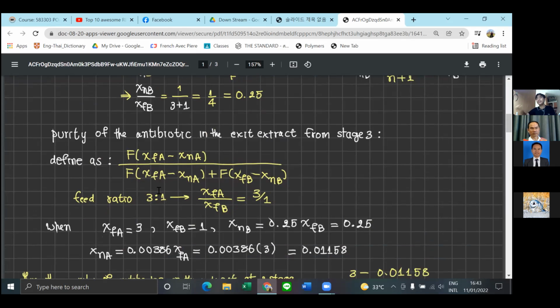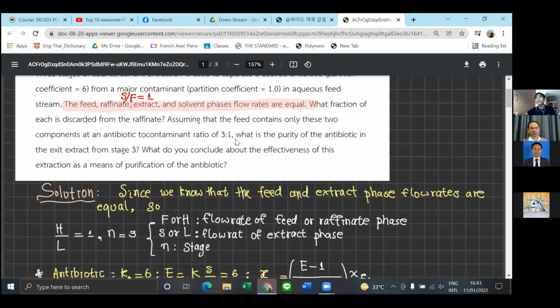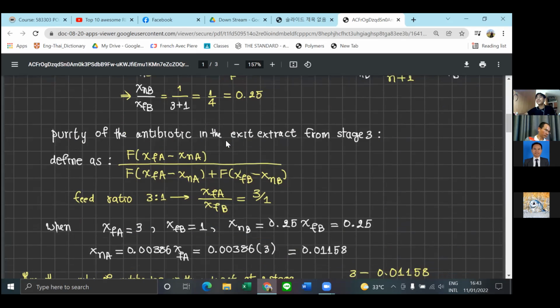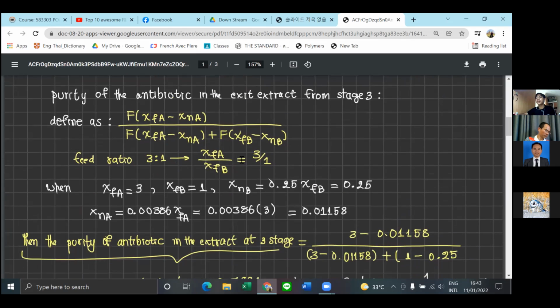From there, just assuming that the feed contains only these two components, antibiotic and contaminant, it is 3 to 1. So we know that it is 3 over 1. So we can say HFA over HFB. They call it 3 to 1.